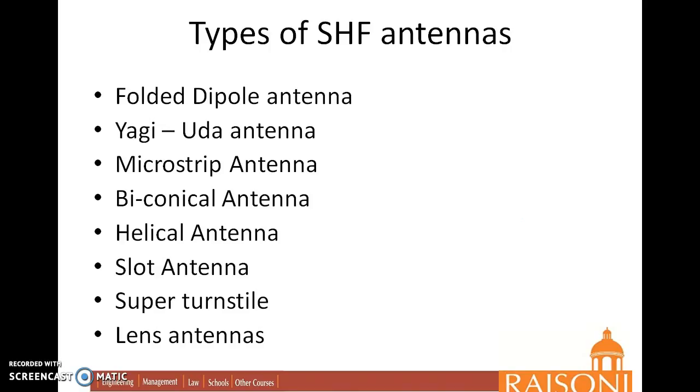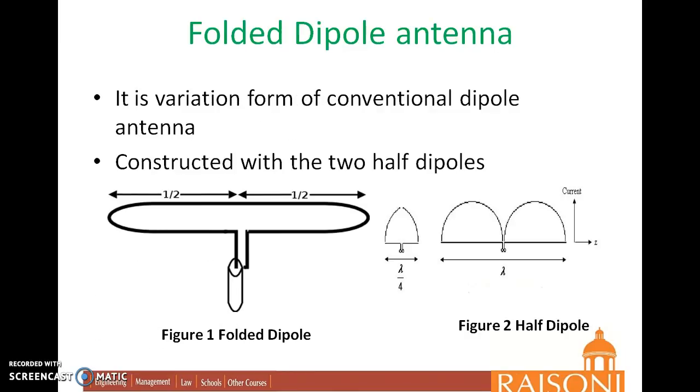These are the different types of SHF antennas, like folded dipole antennas, Yagi-Uda antennas, microstrip antennas, biconical antennas, helical antennas, slot antennas, super turnstile antennas, lens antennas. So first of all we'll study this folded dipole antenna.